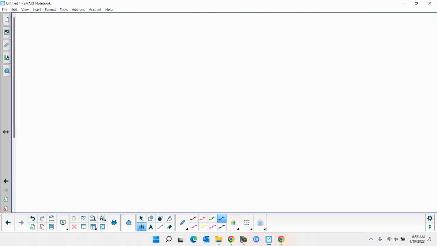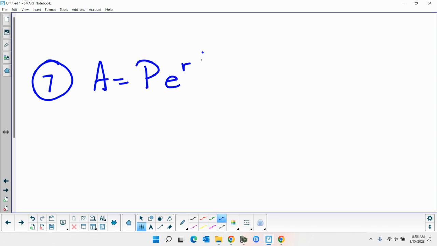All right. Number 7. This is our continuously compounded problem. So that's this formula, which is in there. Again, P is how much money you start with, which was $10,000. E is second natural log.